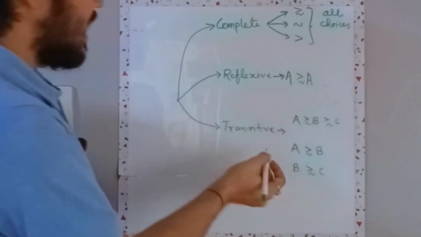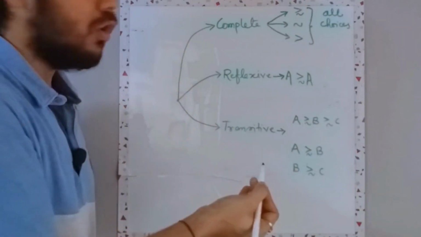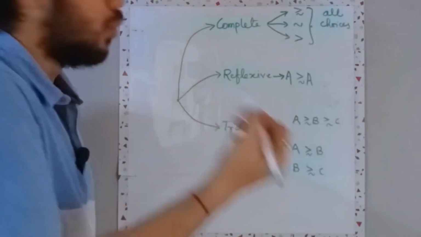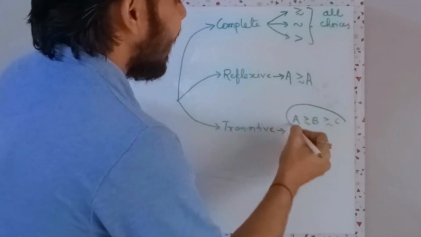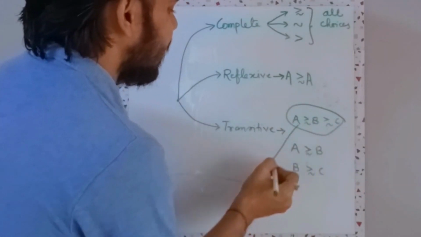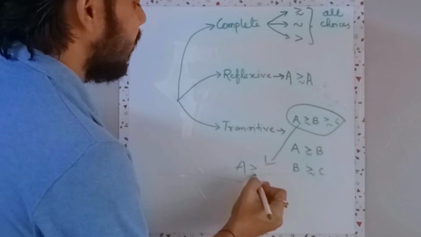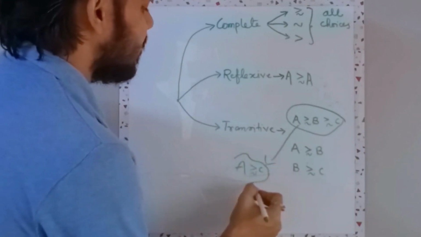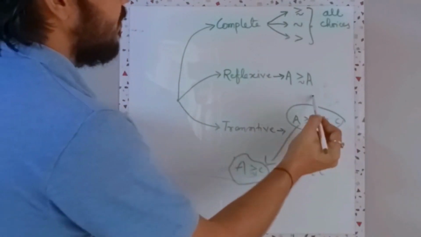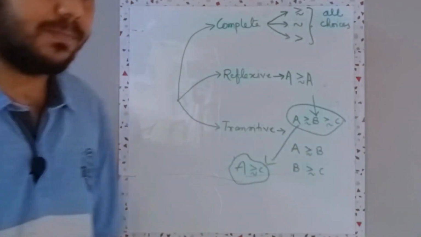And if the transitive property, or transitive assumption or axiom, holds, then I can write this directly as A weakly preferred to C. So what I have done is pretty simple. I have removed the intermediary, right?